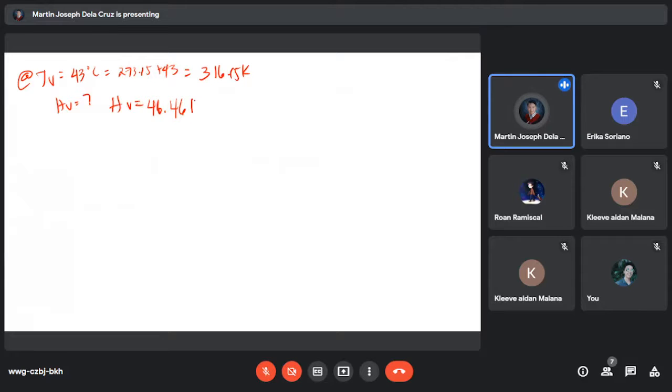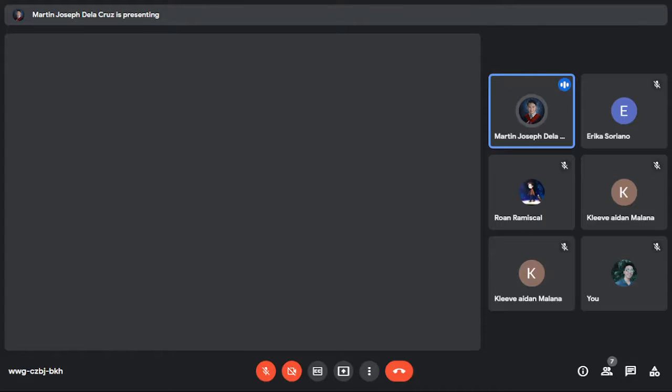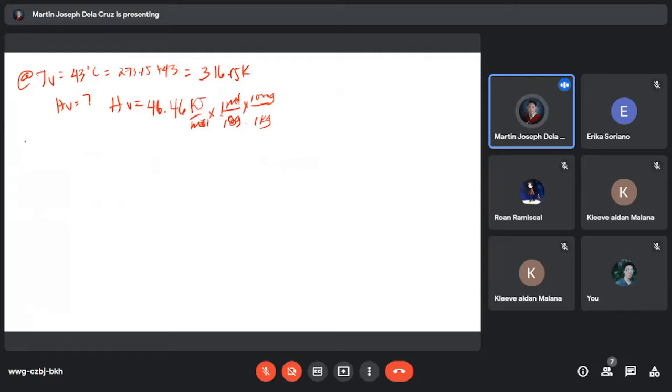So, you take note class na kilojoule per mole siya. So, gagawin natin siyang kilojoule per kilogram since kilojoule per kilogram din yung HF at saka HL natin. So, in 1 mole, you have 18 grams times in 1,000 grams, you have 1 kilogram. So, what is our HV now?